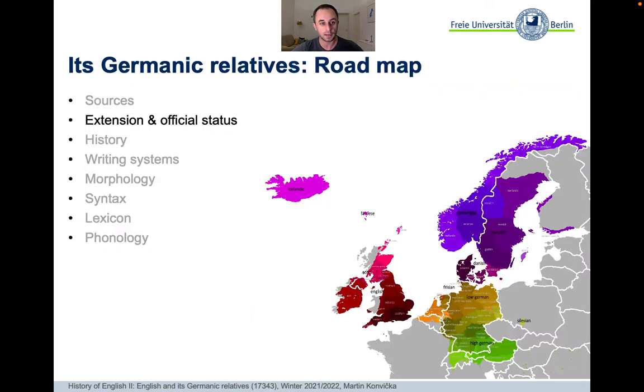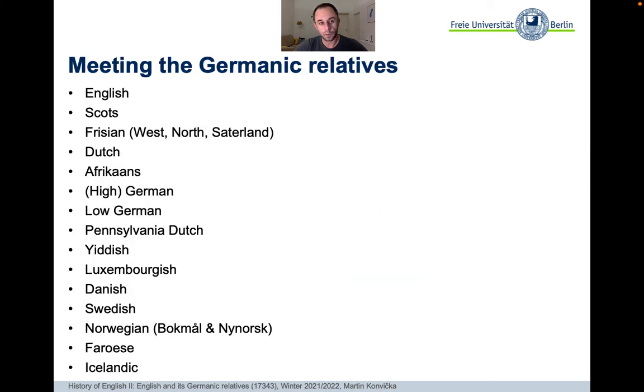Okay, that's it. And now let's have a look at what I've called extension and official status of the Germanic languages. When I talk about the Germanic relatives of English, what I basically mean is this. There is a number of different languages that we subsume under the label Germanic, and one big group are the so-called Anglo-Frisian languages.